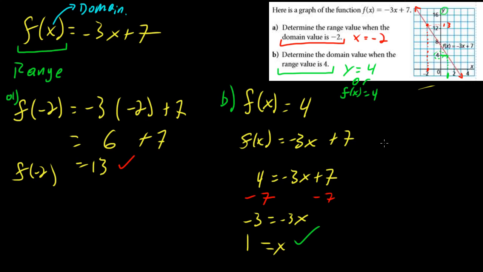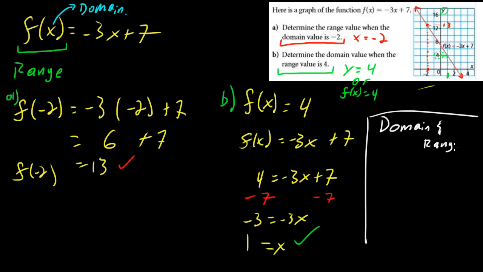As an aside, we should do one more question, and this would be looking at what is the domain and range of this graph, and also of this equation. Now, if we wanted to do it in terms of set notation, this is pretty cool. All we would have to do is this. It's the real numbers.